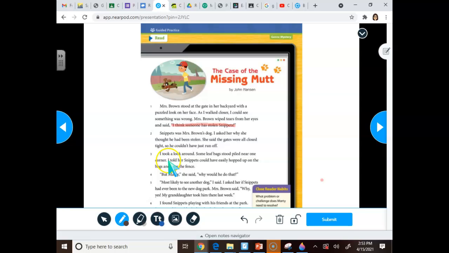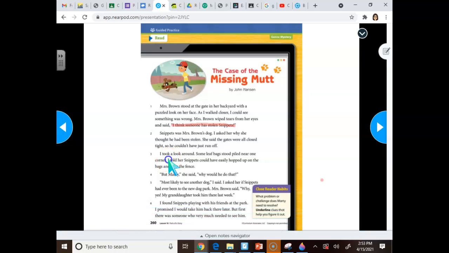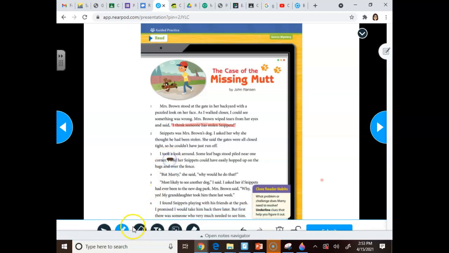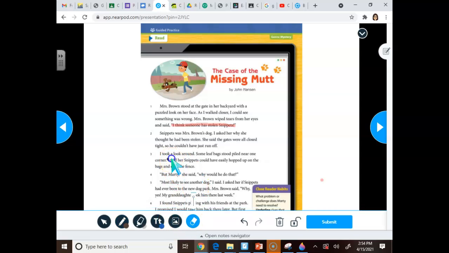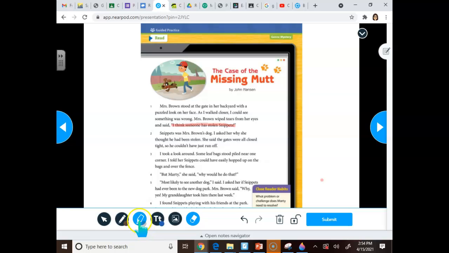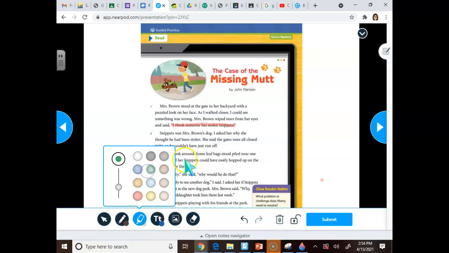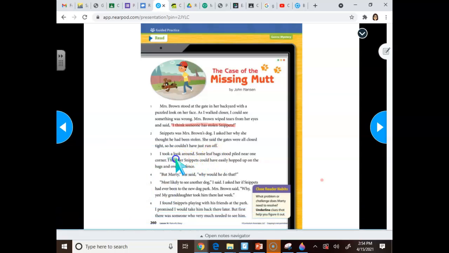All right, so when was the first time that Marty decided that Snippets may have not been stolen? Right here. When he says, hey, you know what?